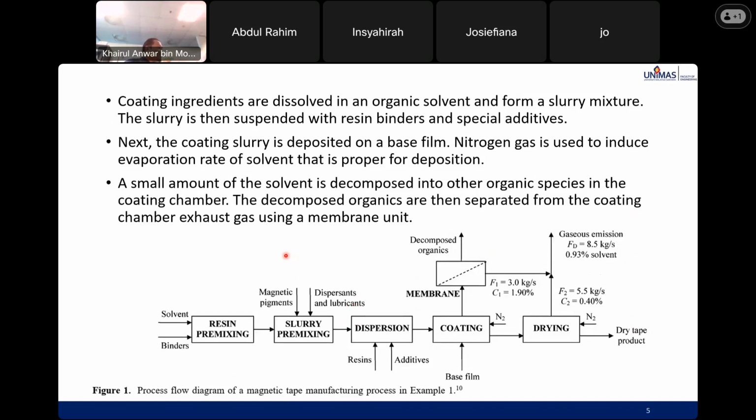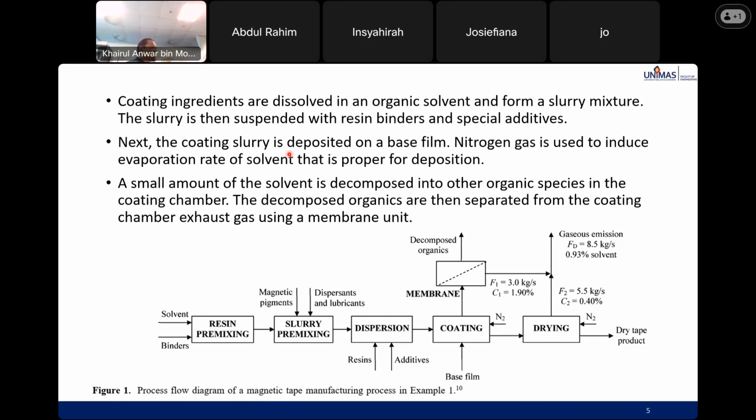Explanation for the process: this is for magnetic tape manufacture. Coating ingredients are dissolved in organic solvent and form a slurry mixture. The slurry is then suspended with resin binder and special additive. Next, the coating slurry is deposited on a base film.